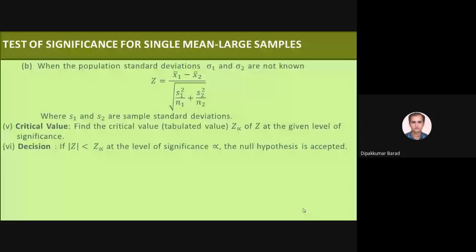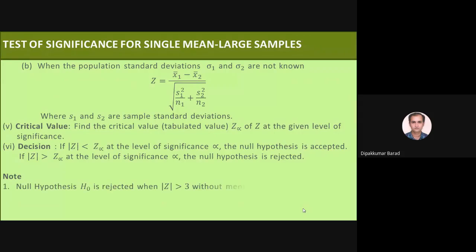If mod z is less than z alpha, then the null hypothesis is accepted, and if mod z is greater than z alpha, then the null hypothesis is rejected. And for any mod z greater than 0 without mention of any level of significance, the null hypothesis is rejected.